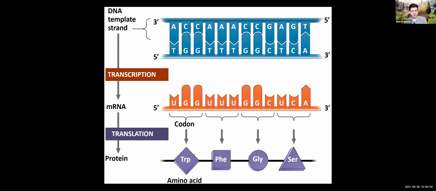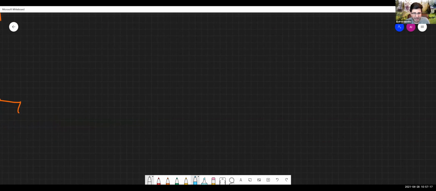You can see now tryptophan, phenylalanine, glycine, serine. So you could see UGG stands for tryptophan, UUU stands for phenylalanine, etc. All right, and now you can see here's the double-stranded DNA. All right, so here, this is what we'll do. Let's go to the whiteboard here. Okay, ready? We got our DNA.